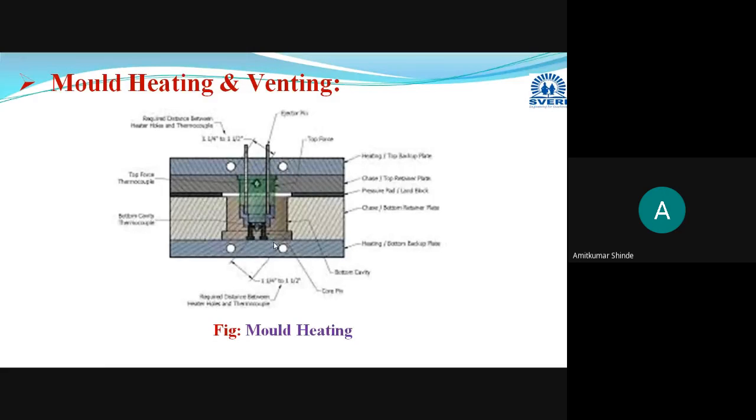The next point is the venting. Okay, mold vents or mold venting.